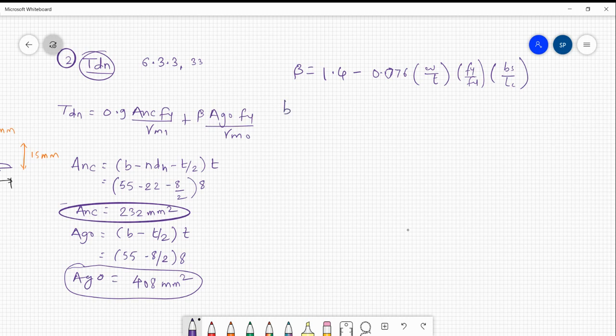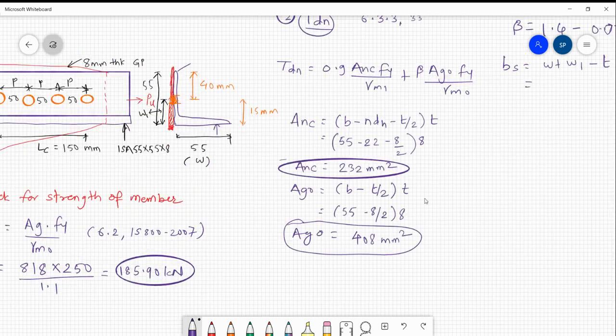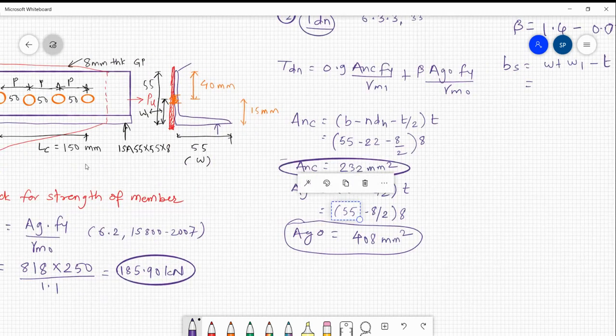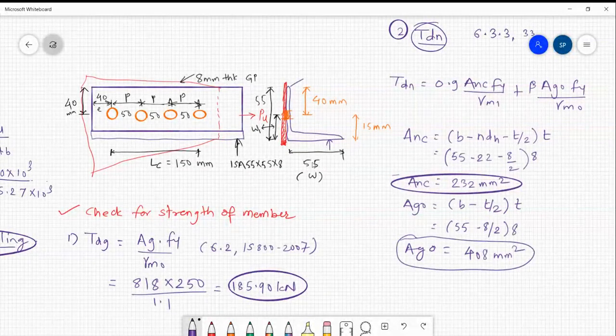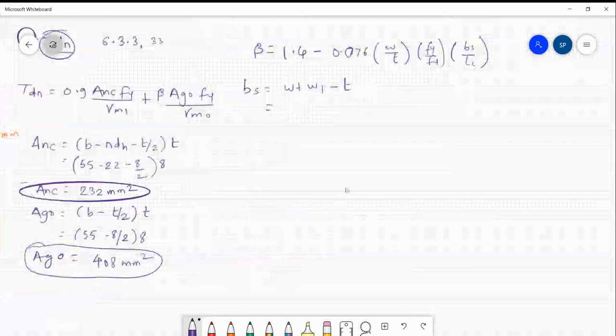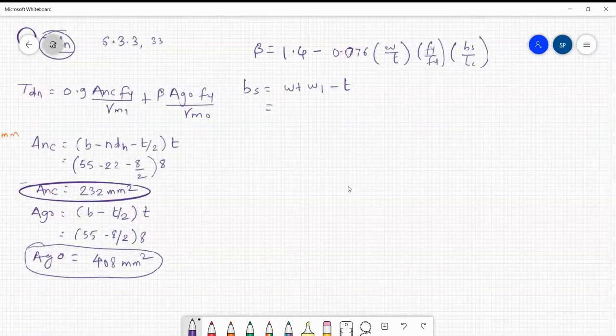So here BS is shear lag width, which is given by W plus W1 minus T. So just now we have shown here W value, W1 and T. So W is the leg length of outstanding leg, this one. Then W1 is from heel to center of this bolt hole. Now this W1 is 15 and W is 55 and T value is 8.